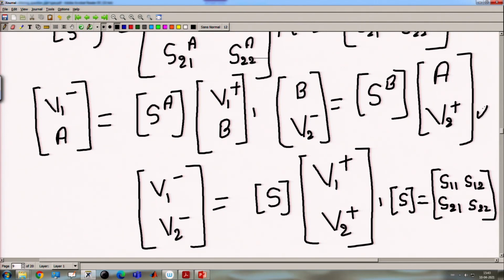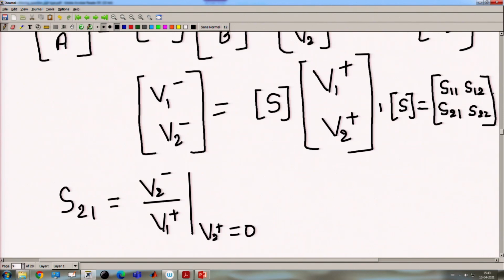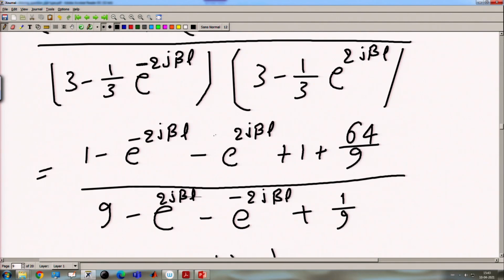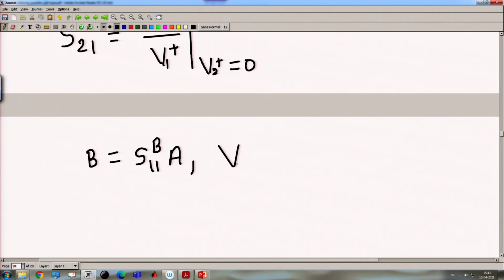In this system, if V2 plus is equal to 0, then B equals S11B into A. So, for V2 plus equal to 0, B equals S11B into A, and V2 minus equals S21B into A. It can be written from the second part.